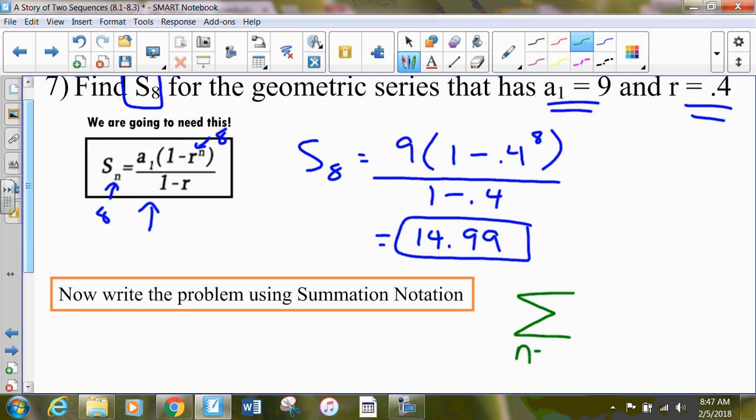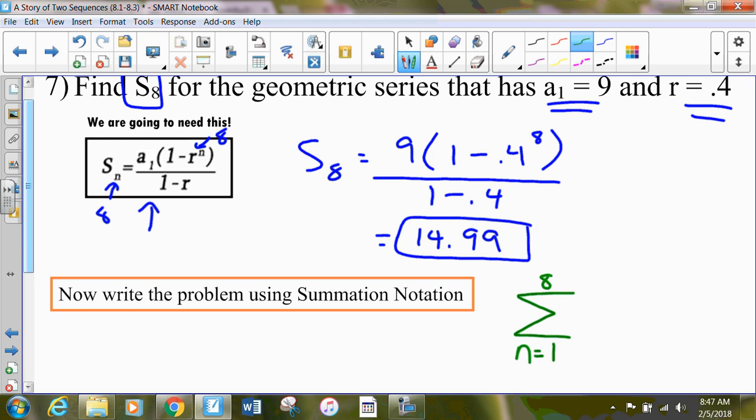And we're going to say, start with the first term. So n equals 1 means we're starting with a sub 1. And then where are we stopping the sum? Well, in this case, we're stopping at 8. So the sigma says we're taking a sum, the n equals 1 part says where we're starting, a sub 1, and where we're stopping, a sub 8.